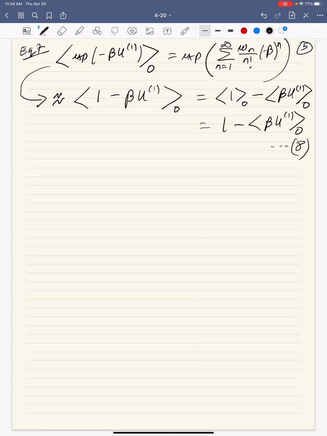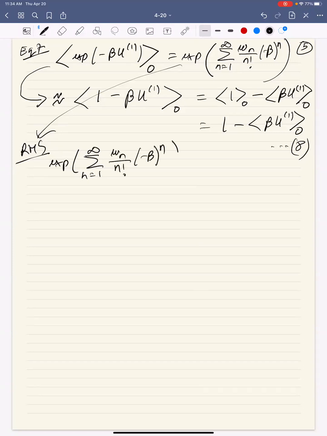And now we have to look at the right-hand side and stop that one also at a certain point, right? So the right-hand side, which is exp of the summation n equal to 1 to infinity, Wn by n factorial, minus beta to the power n. If we are going to stop at the first power of beta, what's that going to look like?